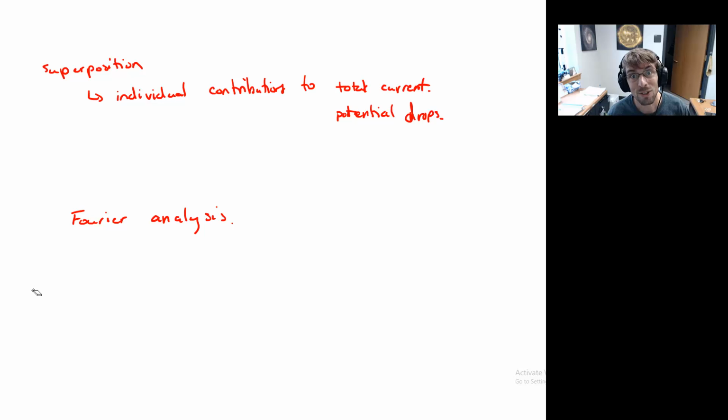I'll introduce a mathematical convenience, and what we'll find is that we can express any repeating function as a linear combination of sines and cosines. And once we have our linear combination of sines and cosines, we know that we can use this idea of superposition to analyze the full circuit. Pretty cool, huh?